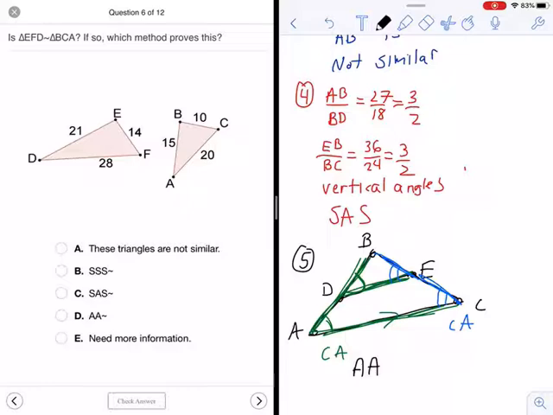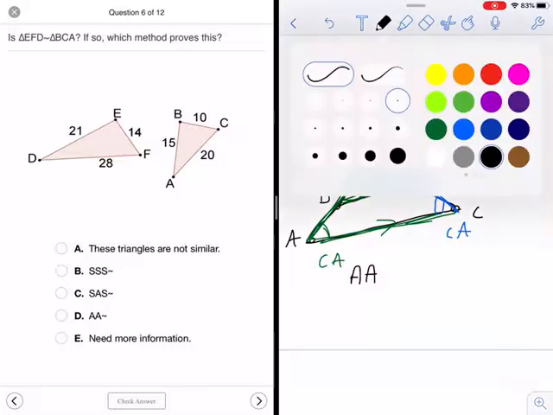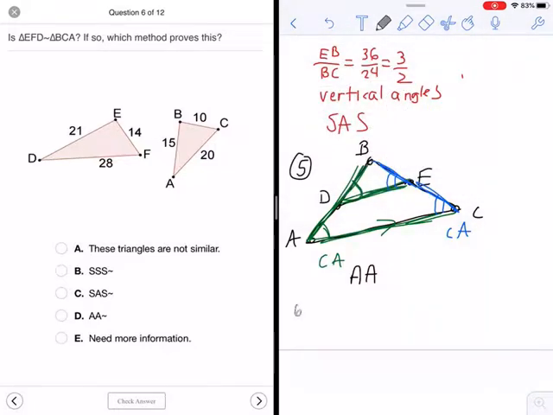Are these triangles similar? My guess is going to be yes, but I'm really not sure. So let's do some math. Let's just start matching up numbers. 28's the biggest on the triangle on the left. 20's the biggest on the right. 4 goes into both of those, so that's 7 over 5.